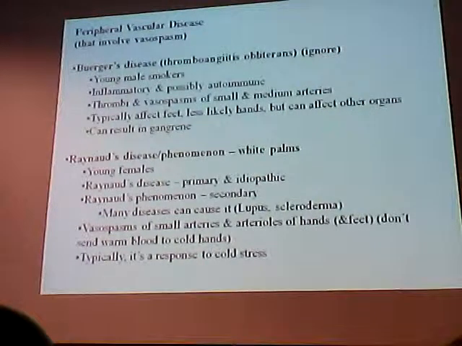They get white palms, and this can be because of vasospasms in the arteries or arterioles of the hand, so they're not getting enough warm blood and the hands become colder. It's a phenomenon you might see, but it's nothing to really worry about.